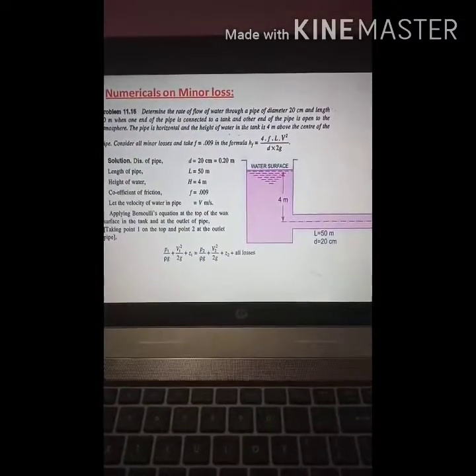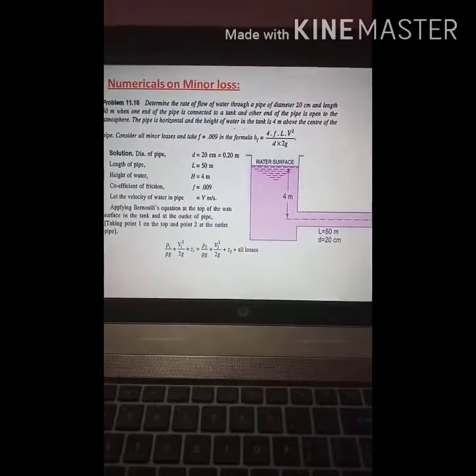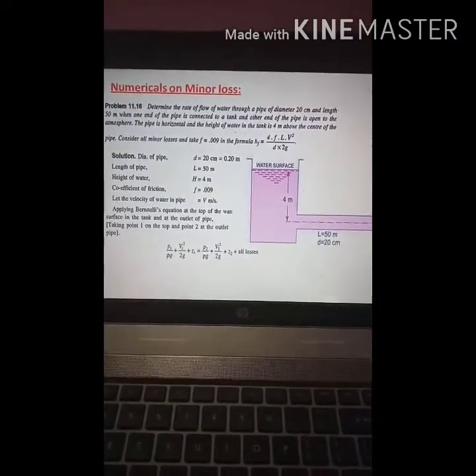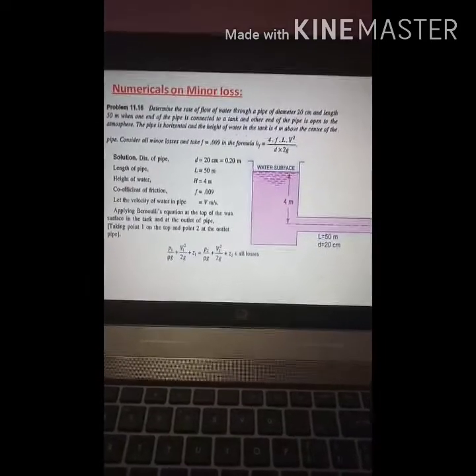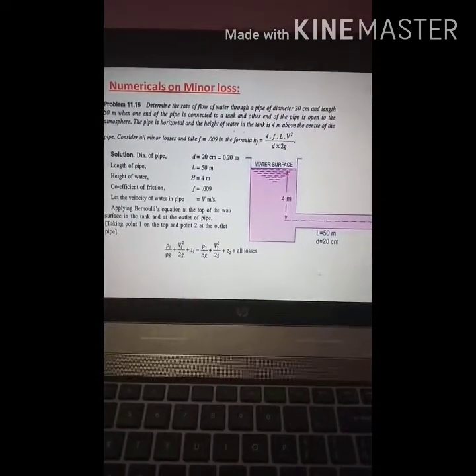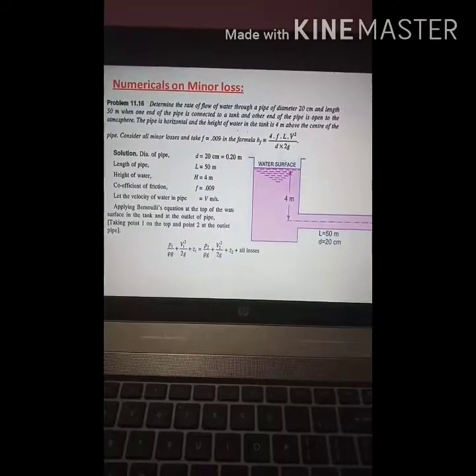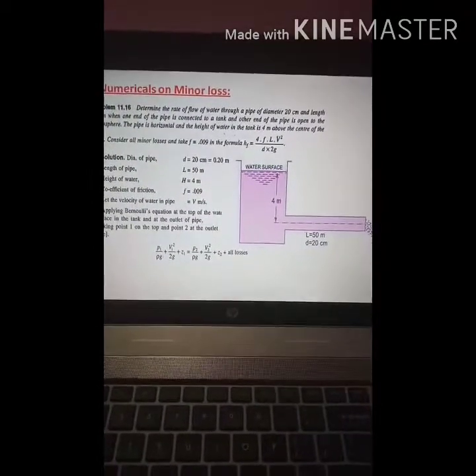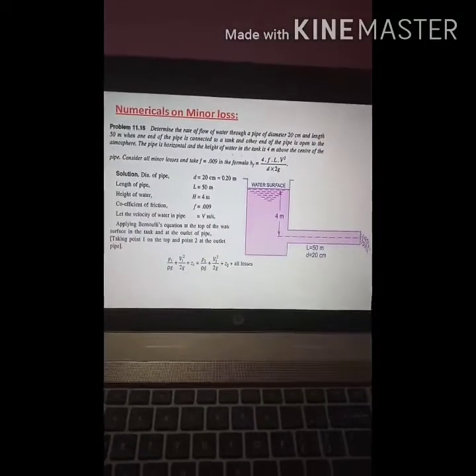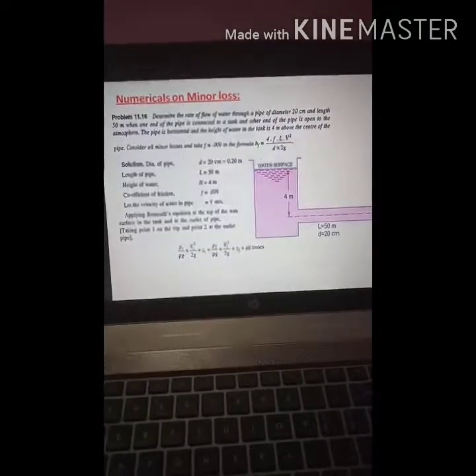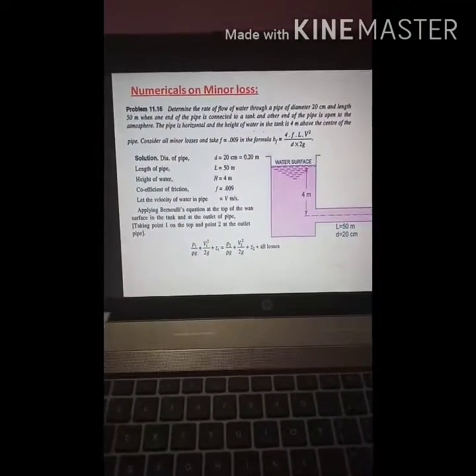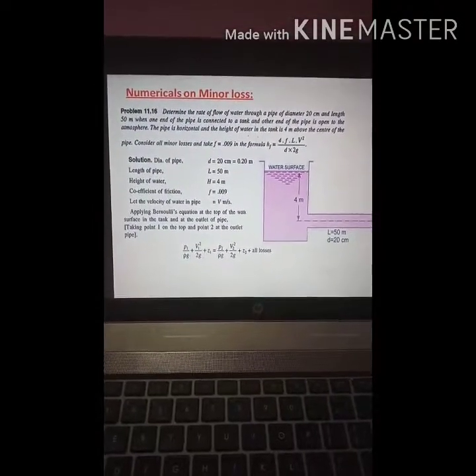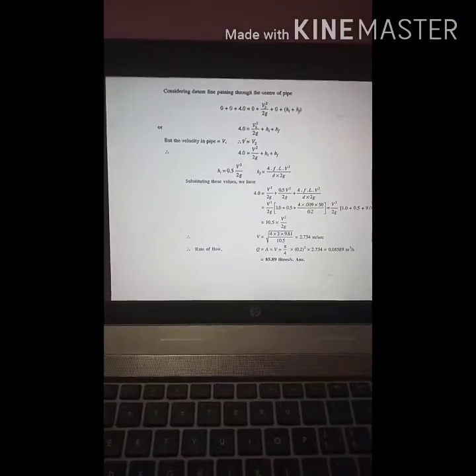Now in the numerical, just write down the given data: diameter of the pipe, length of the pipe, height of water in the tank, and coefficient of friction small f, and the velocity in the pipe, it is V. Velocity of flow in the pipe, it is V. That you have to calculate first, and then you have to solve for the major and minor losses.